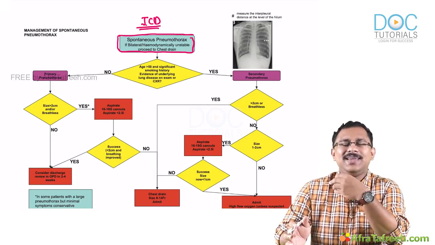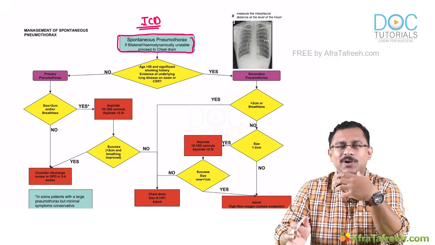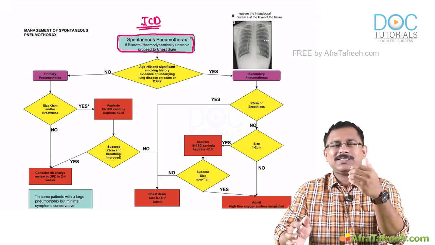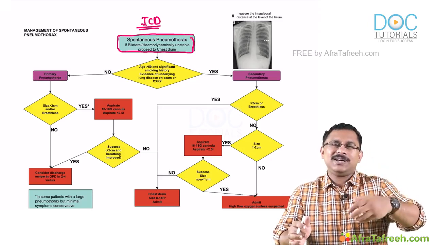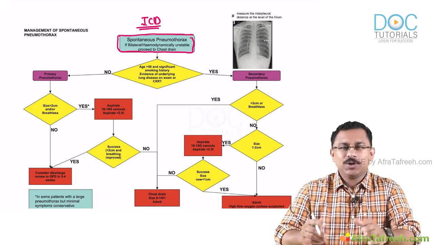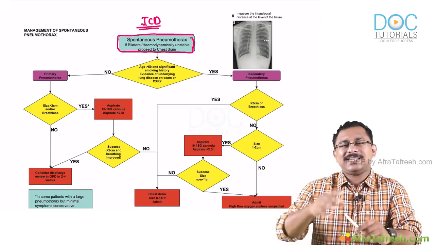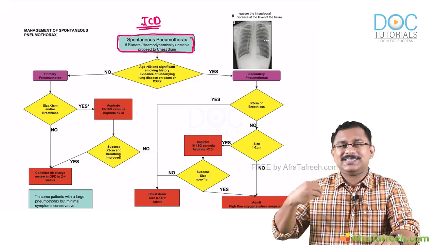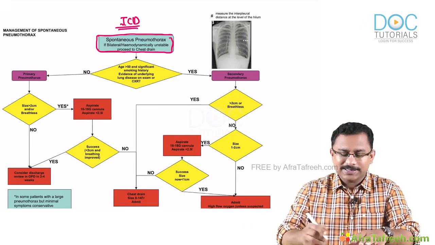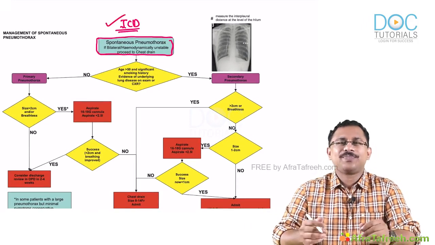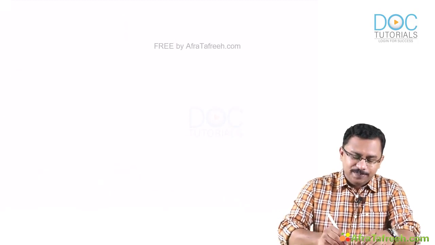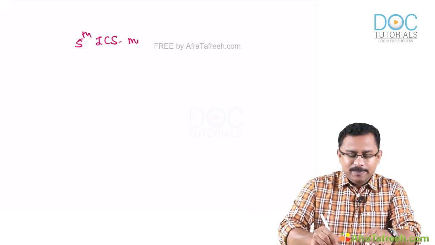So you have relieved the tension by inserting a large bore needle. But again, you won't sit relaxed after that, because you never know what is going to happen if there is going to be another rupture of another bulla. So if there is some sort of a hemodynamic compromise after your initial treatment, if it is a tension, you can put a large bore needle, you can insert a chest tube. And what is the site in which you insert your chest tube? It is going to be your fifth intercostal space in the mid-axillary line.